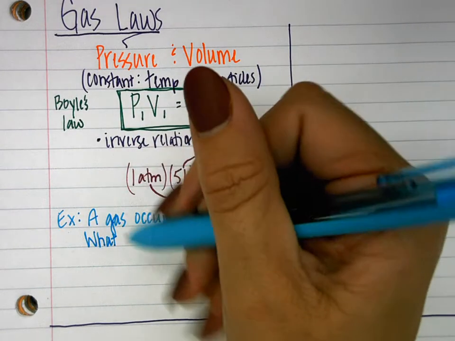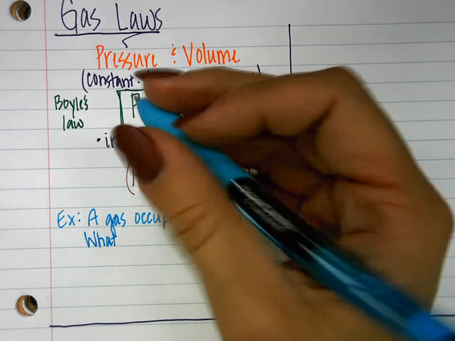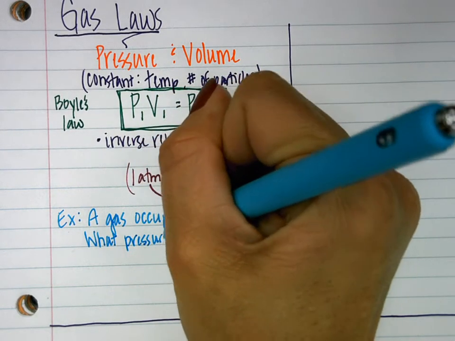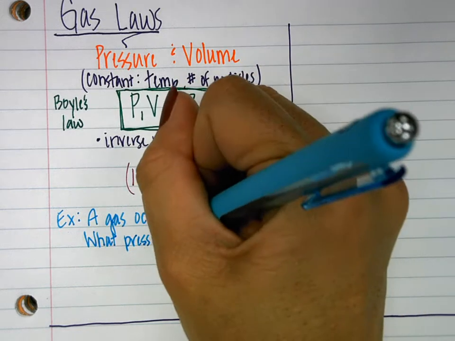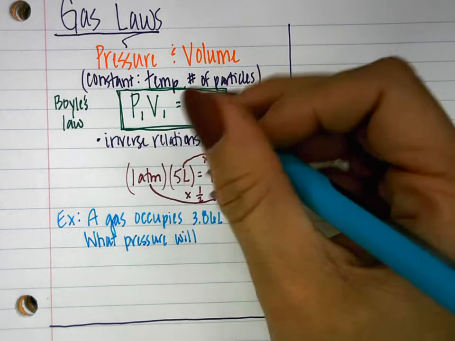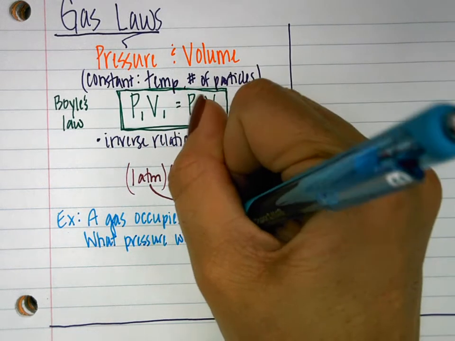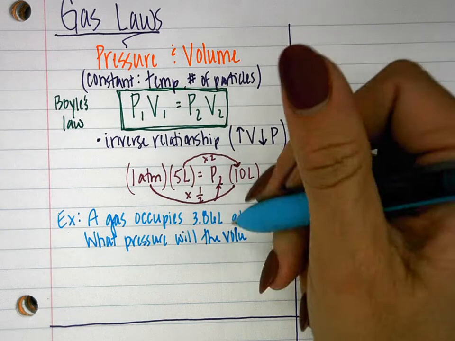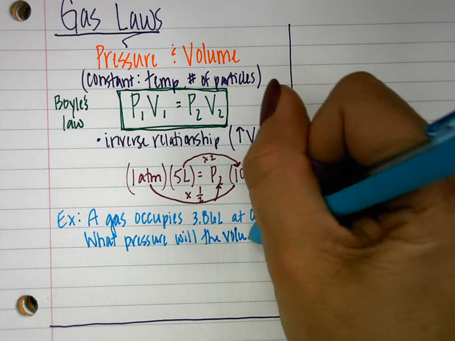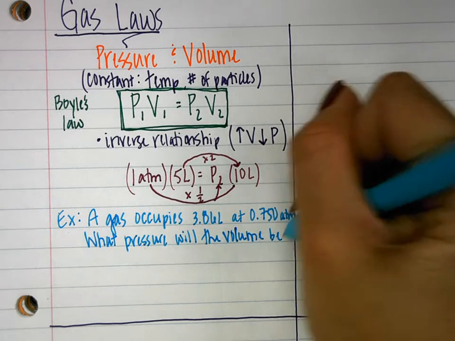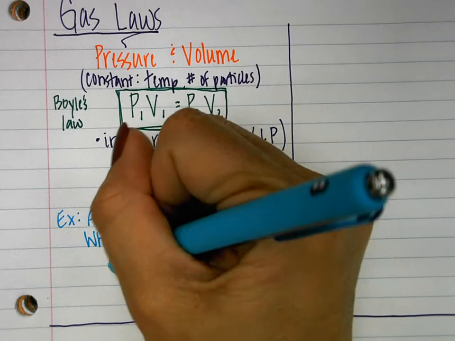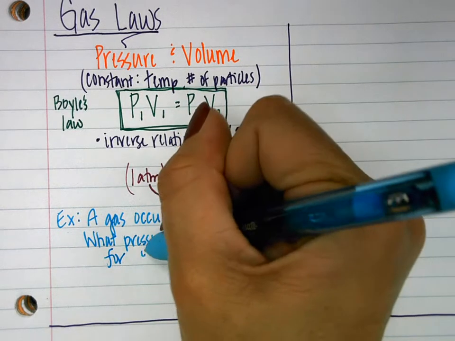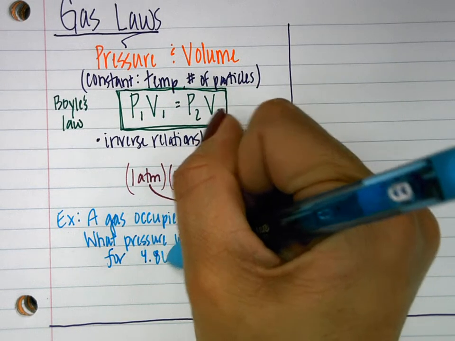What pressure will the volume be 4.86 liters?